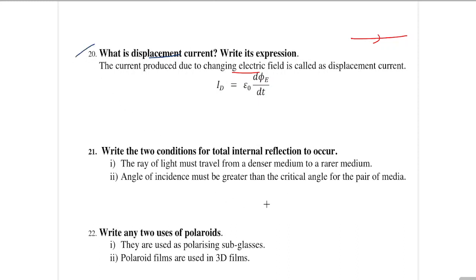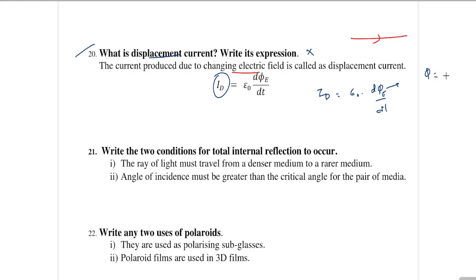Learn this very important statement. This is quite an important question. And its expression is given as I_D equals epsilon naught into d phi E by dt, where phi E is the electric flux.